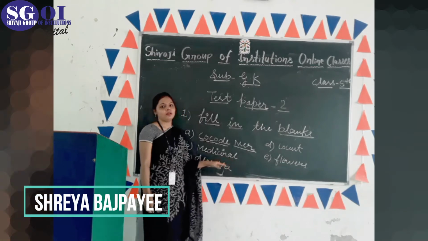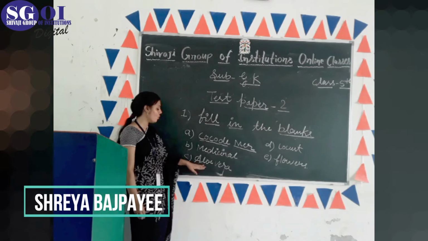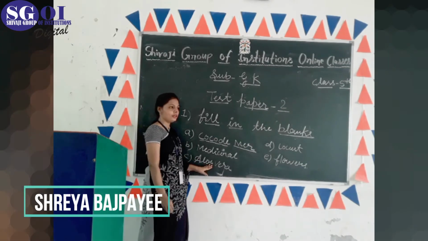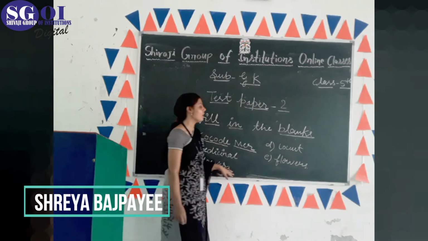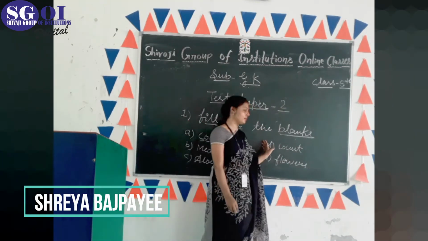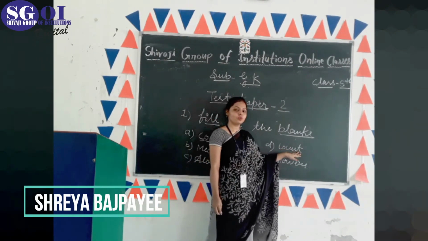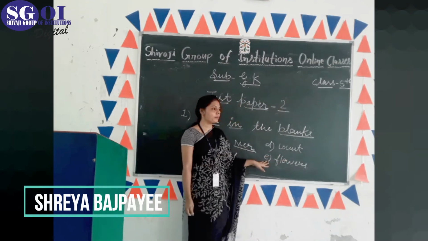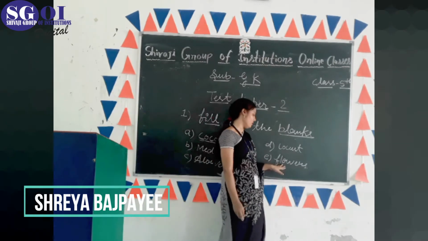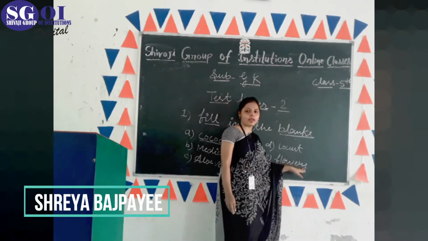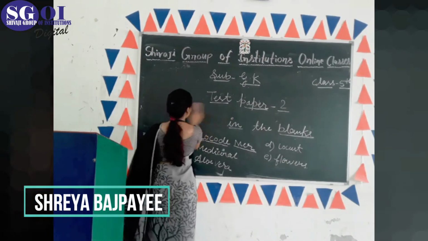Third question answer is here: aloe vera. ALOEVERA. Now D number answer is here: locust. LOCUST. Now fifth number is this: flowers. FLOWERS. Okay. Now next questions.